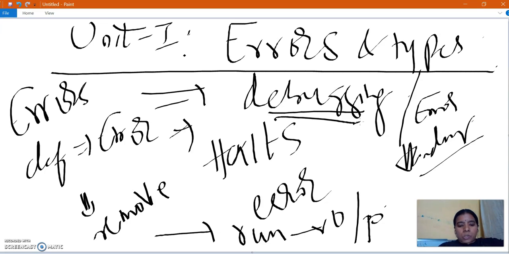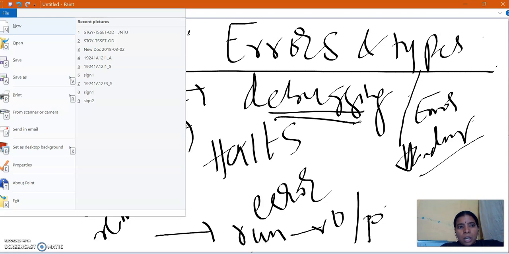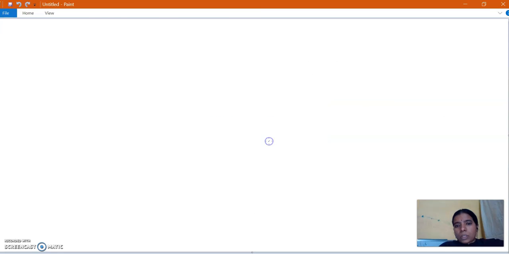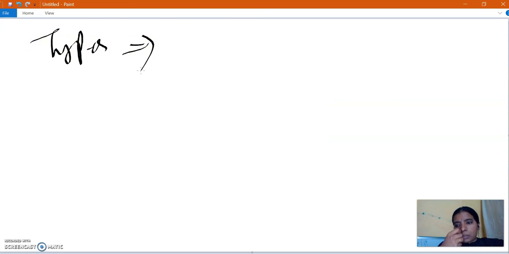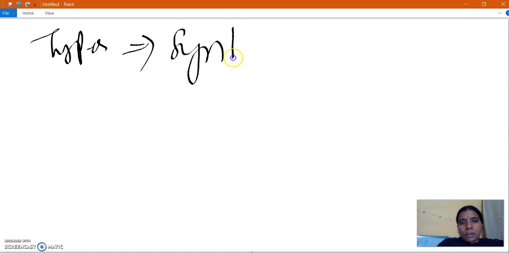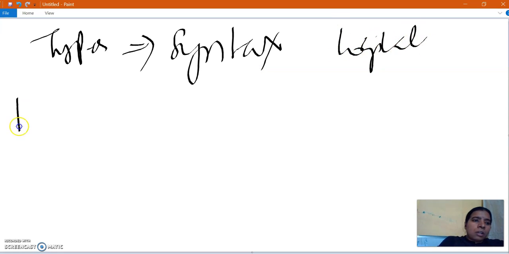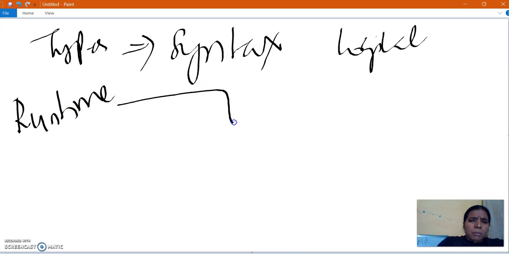Debugging is a process of finding out errors and removing them. So what are the types of errors? If we talk about a C program, there are basically three types of errors: syntax errors, logical errors, and runtime errors. Or in other words, we can essentially define them as runtime and compile time errors.